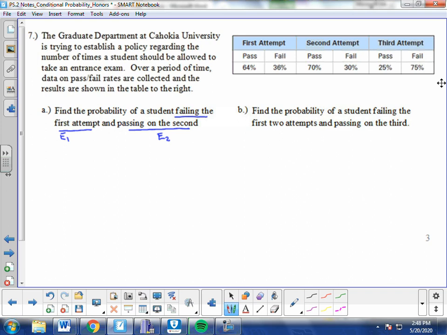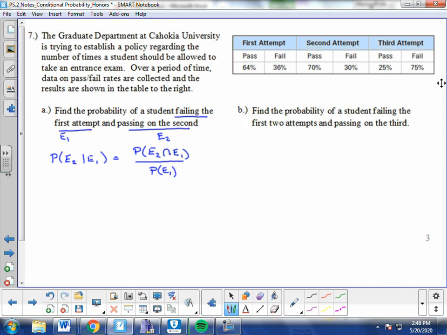What I want to find is the probability of both of these things happening. Now, if I take a look at the formula that we've been writing out, the probability of event 2 given event 1 is equal to the probability of event 2 and event 1 over the probability of event 1.